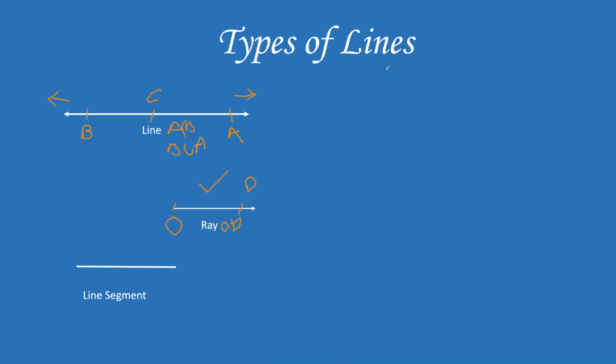In naming, this is known as nomenclature. It means to name something. So in naming lines, always remember the point or the direction where the line does not continue, you start from there. Let's say we have a ray like this, with a point S and a point T. What will be the name of this ray?